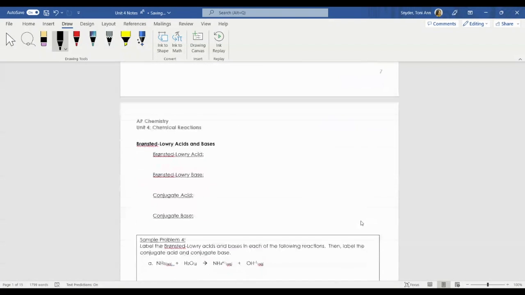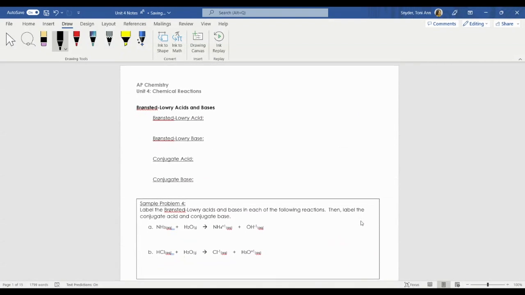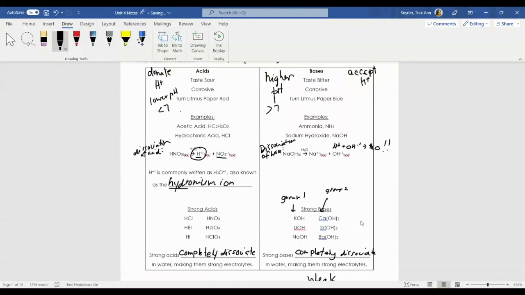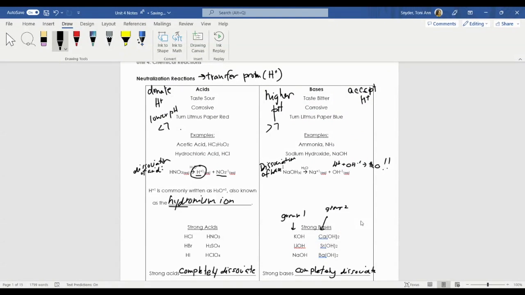Let's go ahead and dive into Bronsted-Lowry acids and bases. When we look back at this, you might be like, wow, that's a lot of different definitions for acids and bases, right? You say, okay, acids donate protons. Okay, they make protons in the solution. In chemistry, there are so many different ways to define an acid or a base, and each way has its own practical application.